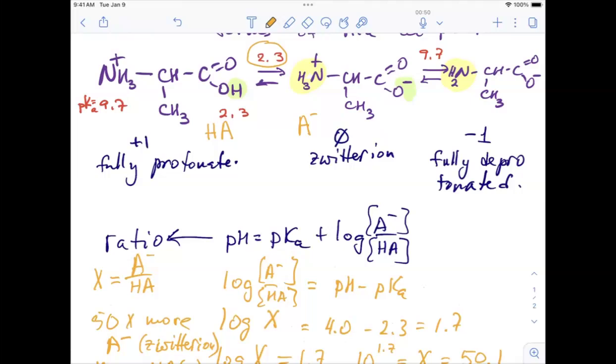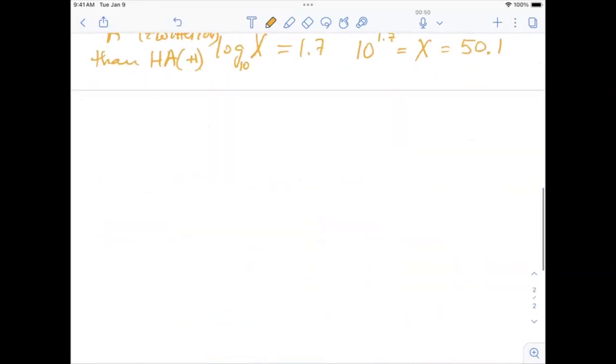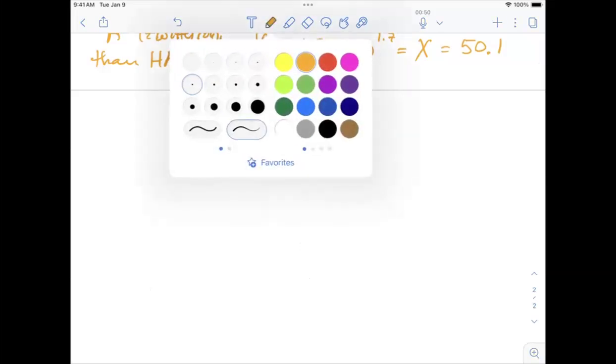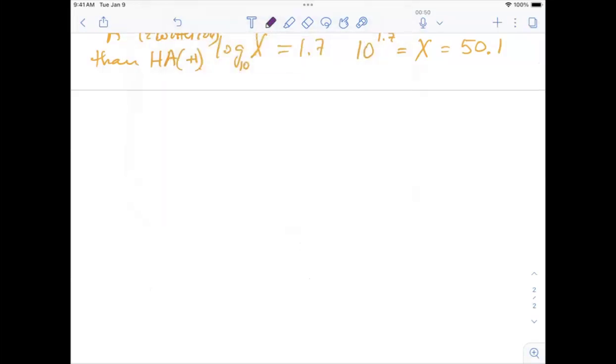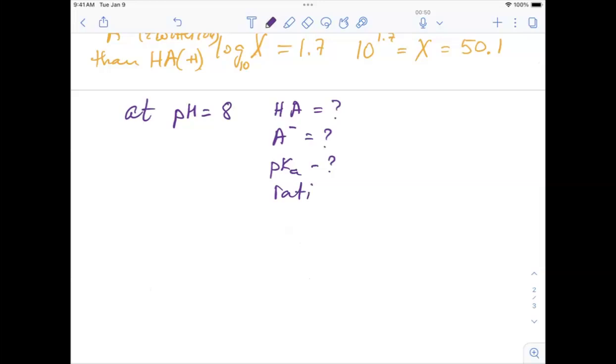Pause here, now that you've watched it, and figure out the two most abundant forms at pH equals 8. Which form is HA? Which form is A minus? Which pKa are you going to use? And what's the ratio? Okay, pause here.